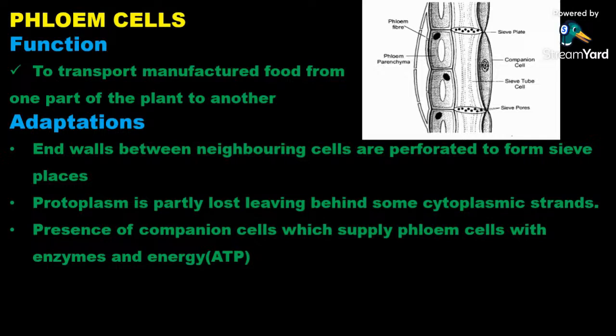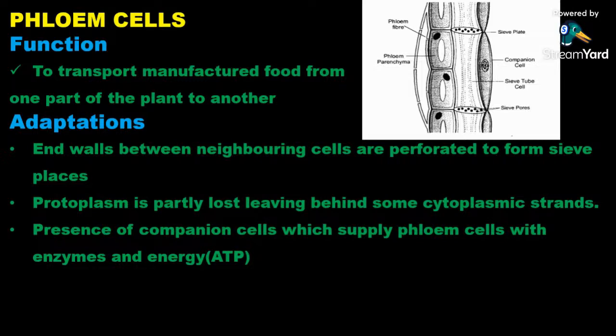The phloem cell and the xylem cell make up what we call the vascular bundle. So when we discuss the phloem cell, it's fair to discuss also the xylem cell, and vice versa.